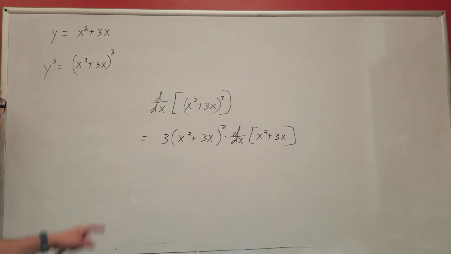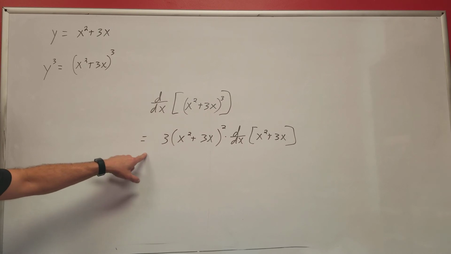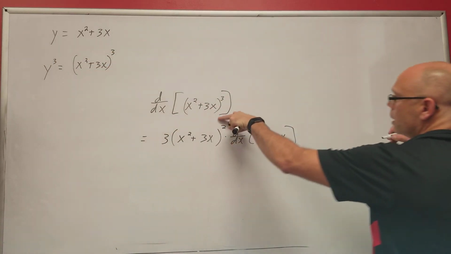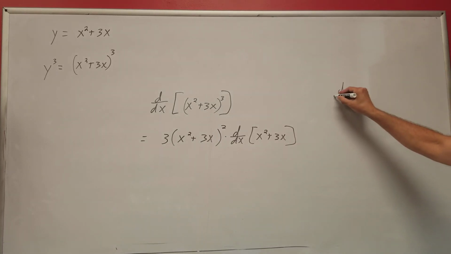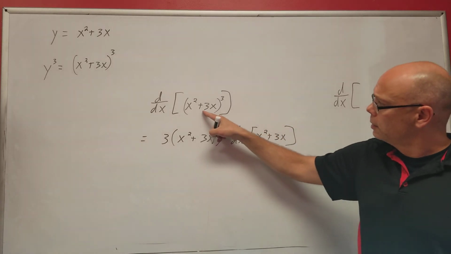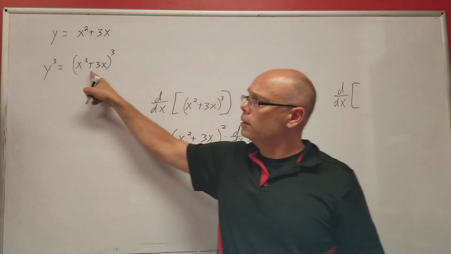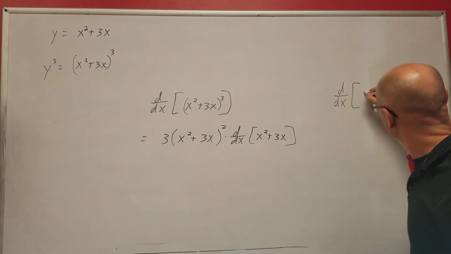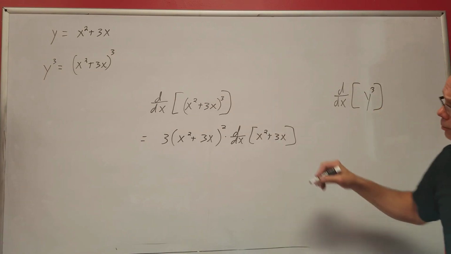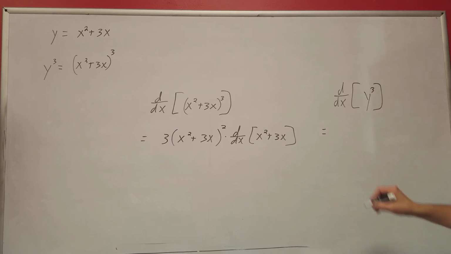According to the chain rule, I would do that. Well, let's look at this in terms of y. Really, this part right here was the derivative with respect to x of y cubed. What did we say that was equal to?